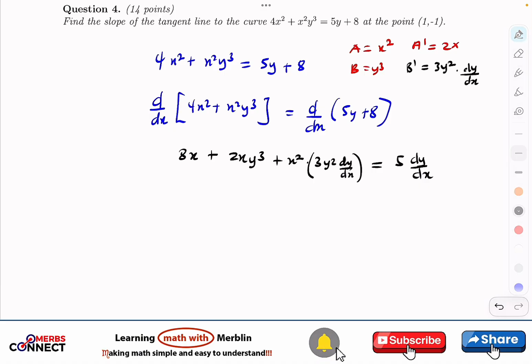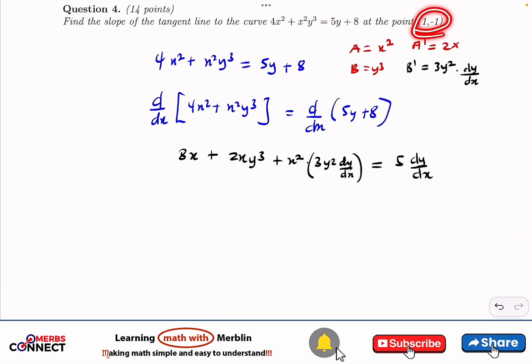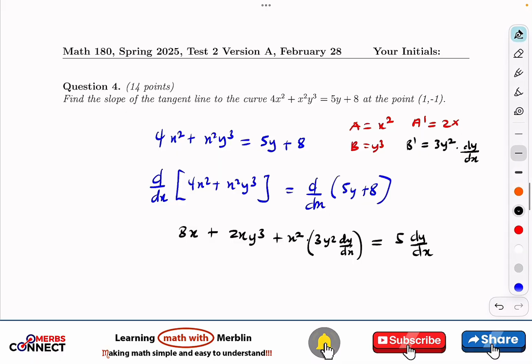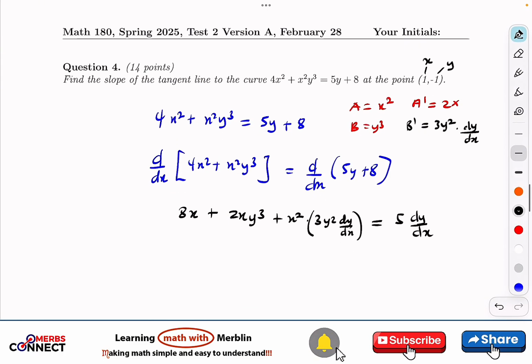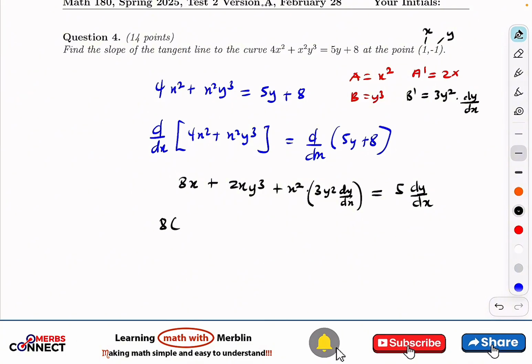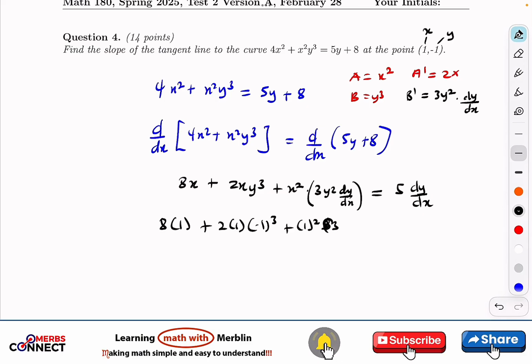As I said, since they've given us the point, we should just use it. Since we are dealing with slope, this is x and this is y. So we are going to have 8 times 1 plus 2 times 1 times minus 1 to the power 3 plus 1 times 1 squared, then this is 3 times minus 1 squared dy over dx, which is equal to 5 dy over dx.